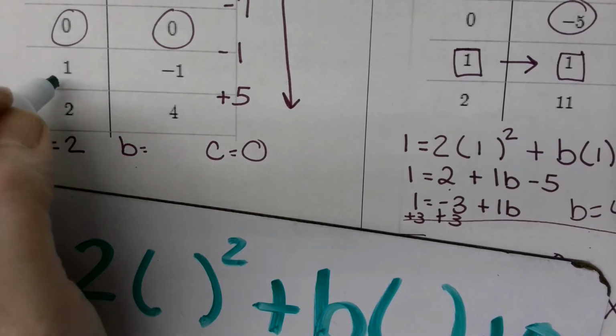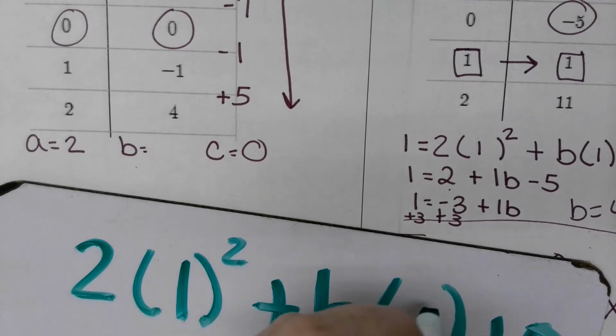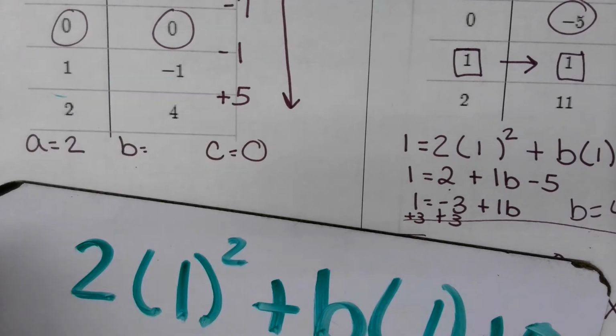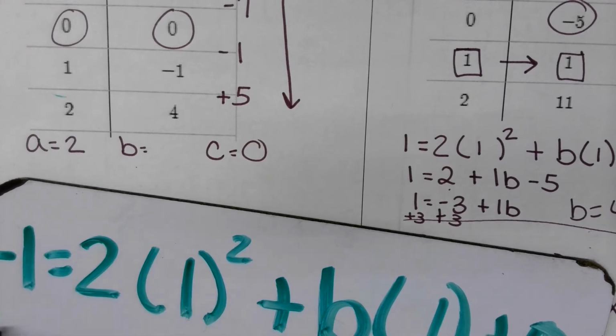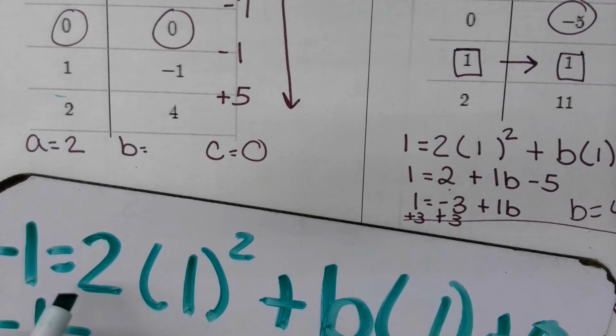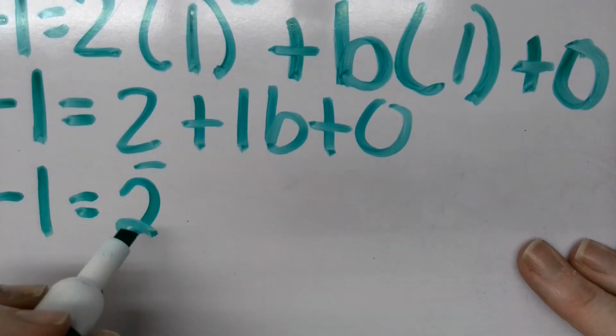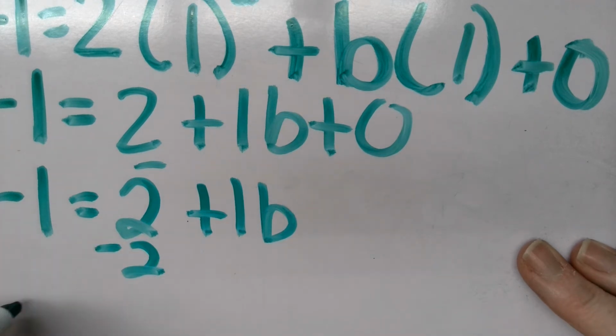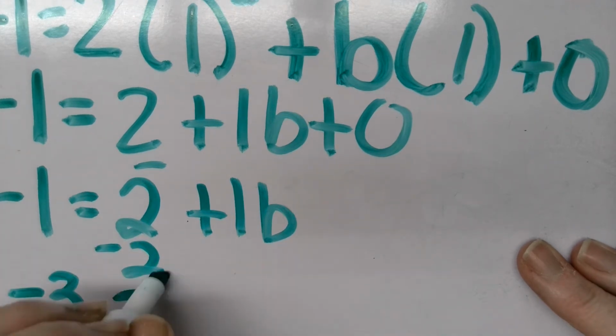I'm going to use this 1 right here, so plug in 1, and then my answer when x is 1, y is -1, okay? So this is going to be -1 equals 2 plus 1b plus 0. Combine like terms, I get -1 equals 2 plus 1b, minus 2 from both sides. I'm going to have -3 equals b.